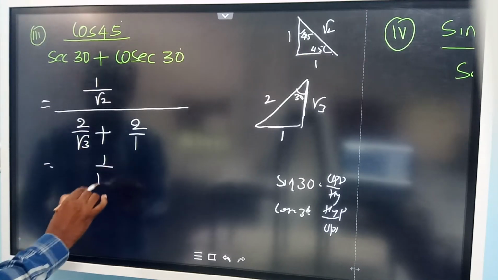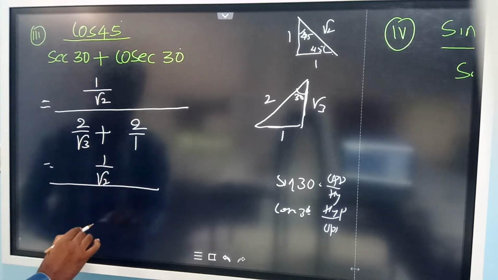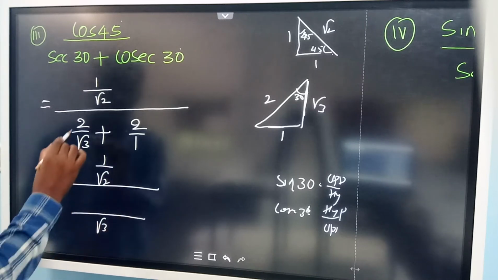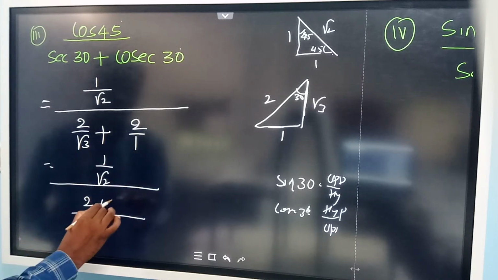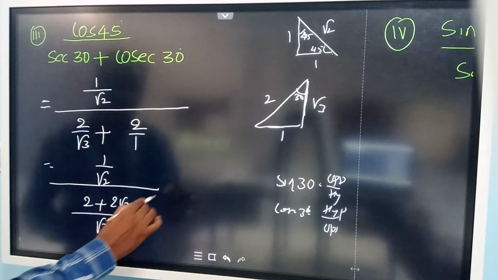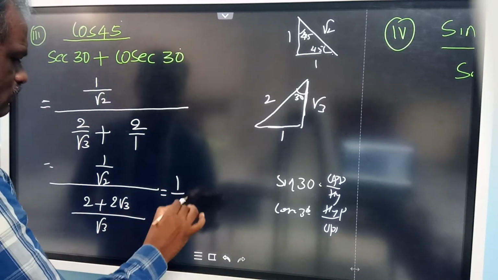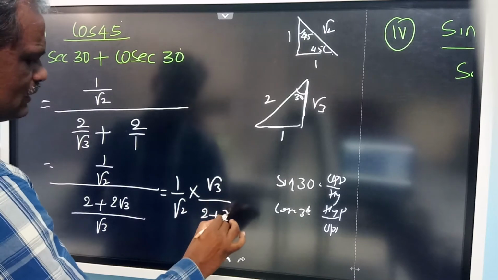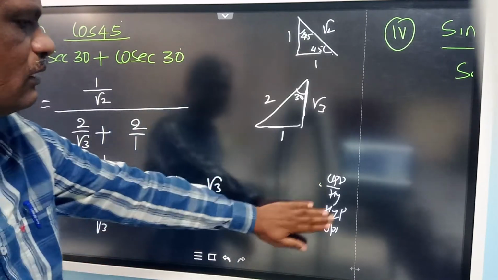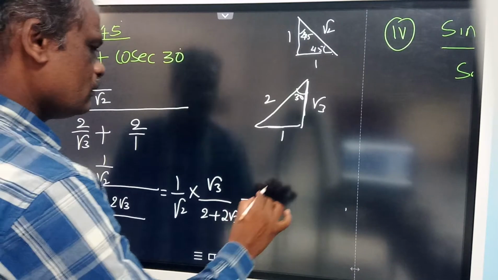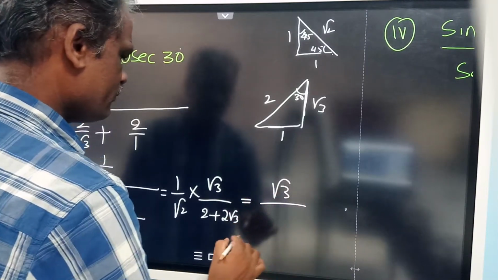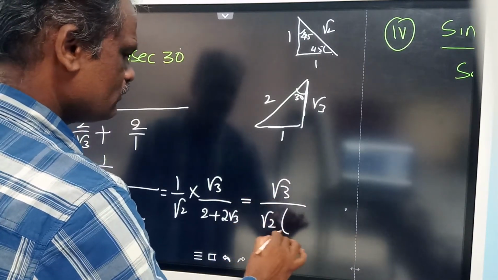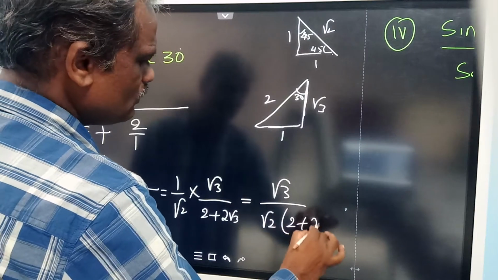So 1 by root 2. If you take LCM here root 3, then 2 plus 2 root 3. Simplify this 1 by root 2 into, so it becomes root 3 over 2 plus 2 root 3. So now multiply this one: root 3, root 2 into 2 plus 2 root 3.